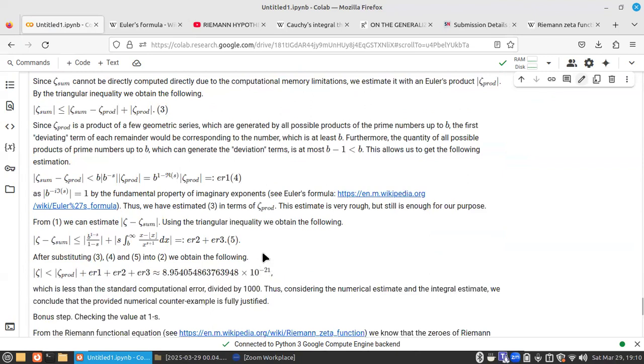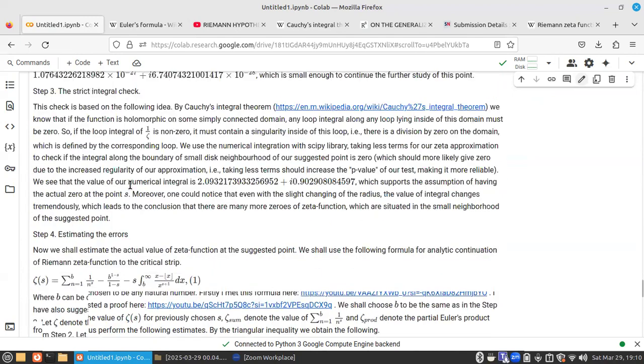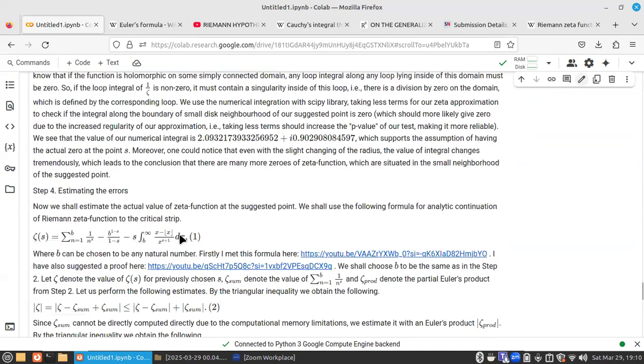And now we are going to define our estimate between their product and their sum using the formula before. Yeah, here it is. So what shall we do?